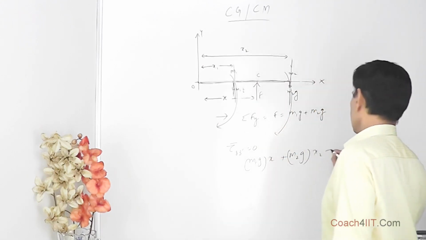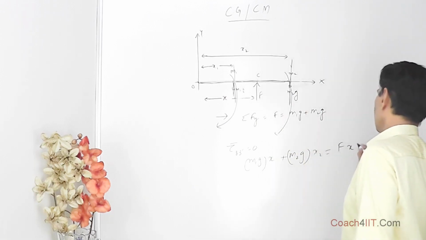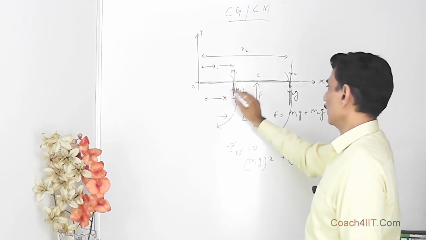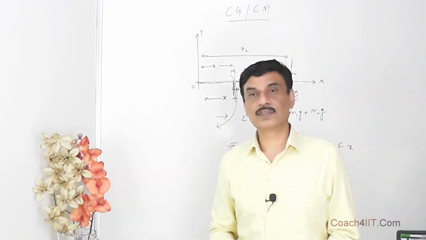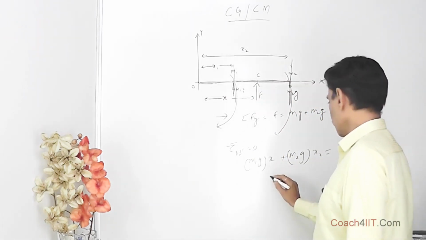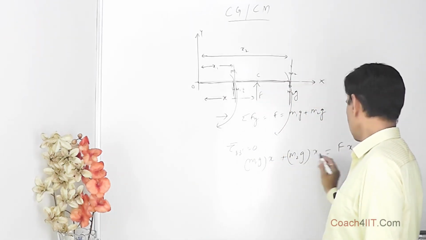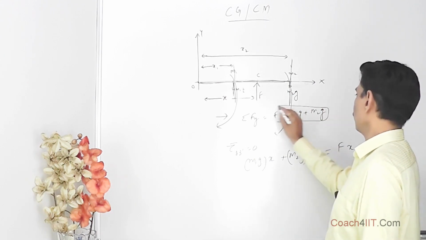Clockwise moments should be balanced by anti-clockwise moments. What is that? F into x. We have to find the value of x, because this is the point where we are assuming the CG is. So x is going to give us the coordinates of the center of gravity. From here we can put F equal to m1g plus m2g.